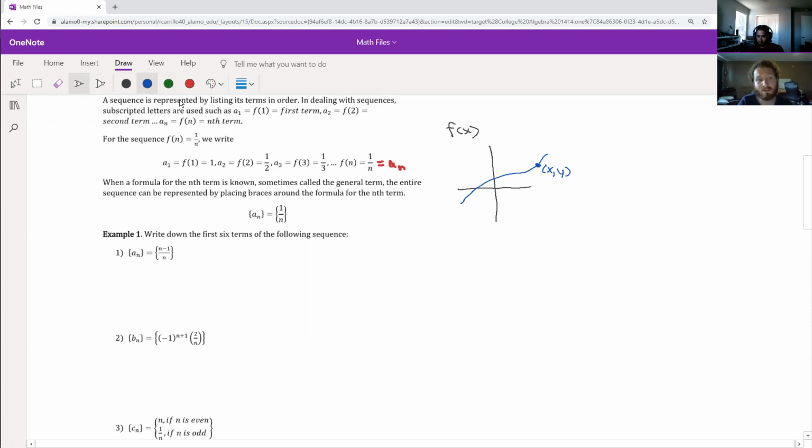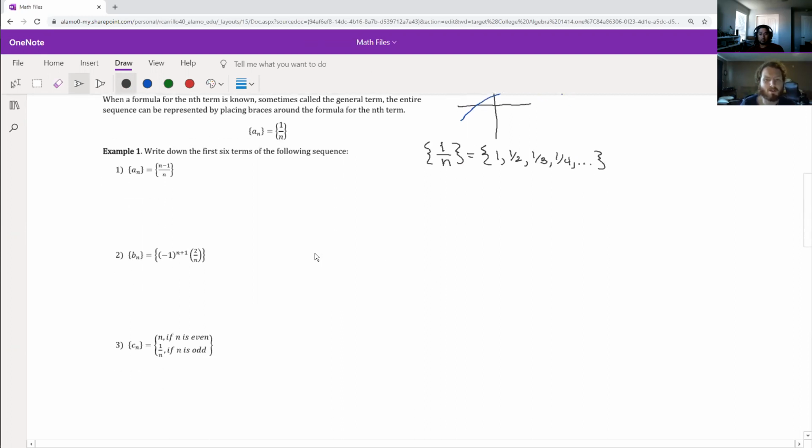What a sequence does is it defines a relationship between some mathematic definition of a set of numbers and the set of numbers that you get when you start plugging in positive integers. Sort of the same idea. They're basically just another sort of function.